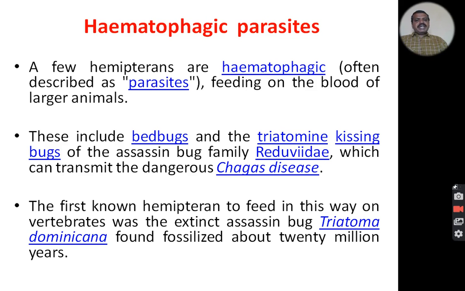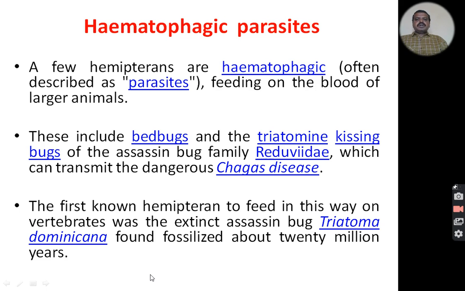Hematophagic parasites are those bugs that feed exclusively on the blood of vertebrates, that is, the larger animals. Hemipterans are often described as hematophagic parasites feeding on the blood of larger animals.